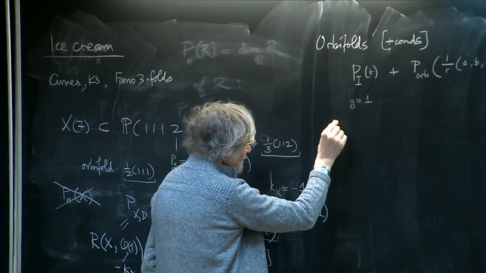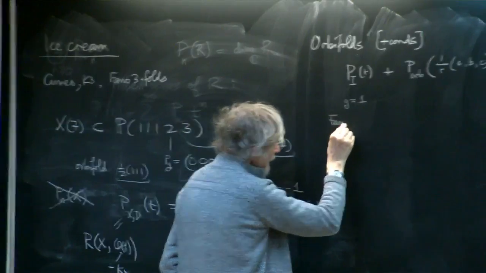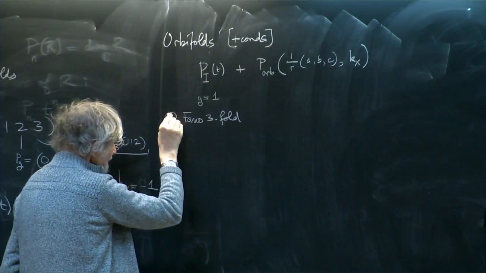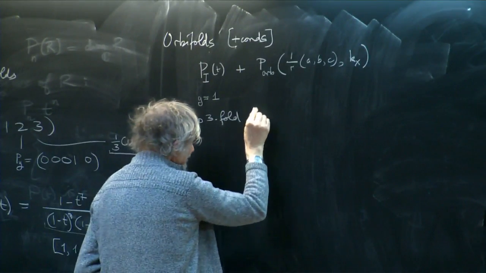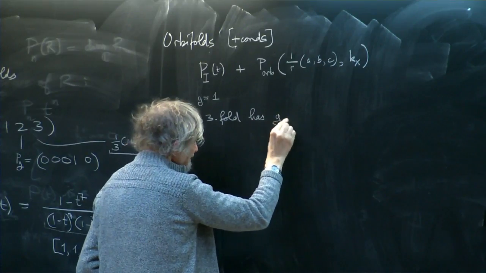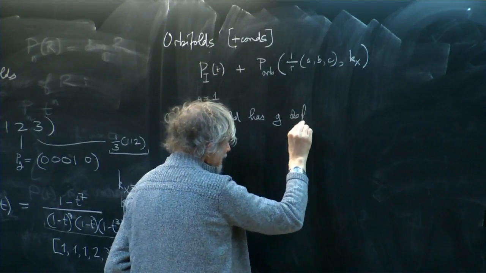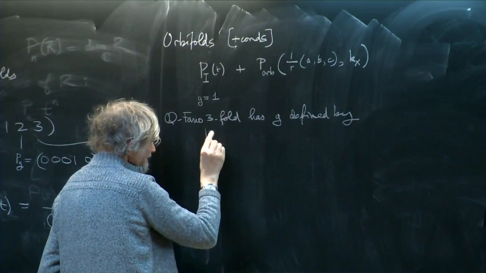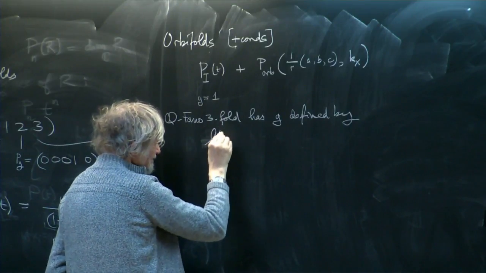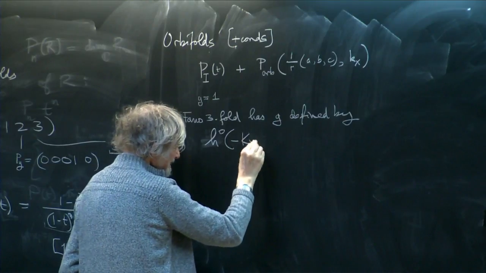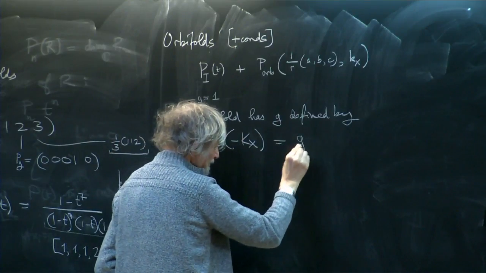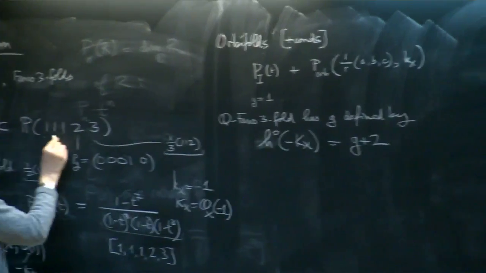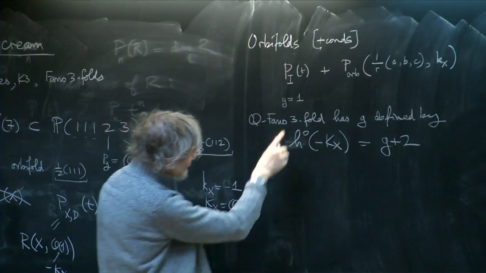A Fano threefold, and also a Q-Fano threefold, has genus defined by h^0 of minus K_X is g plus 2. So here I have 1, 2, 3, and so the genus is 1.